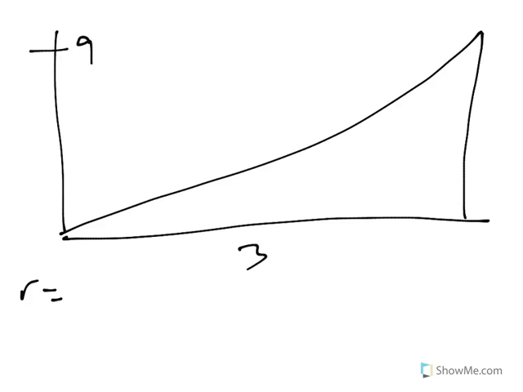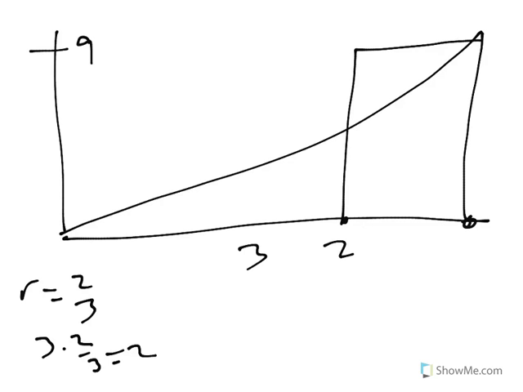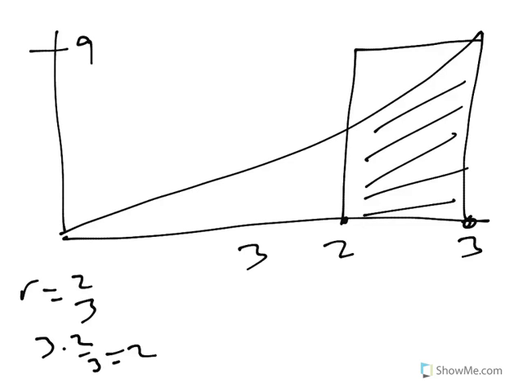So if r is 2/3, the first rectangle is going to have its right hand corner there. But if I multiply 3 times 2/3, I get 2. And that's going to be my first rectangle. And that rectangle has an area of, the base is 1 and the height is 9, so it's 9.